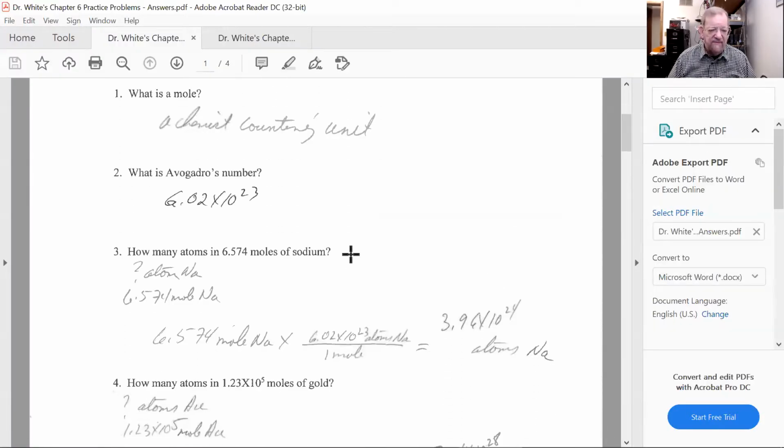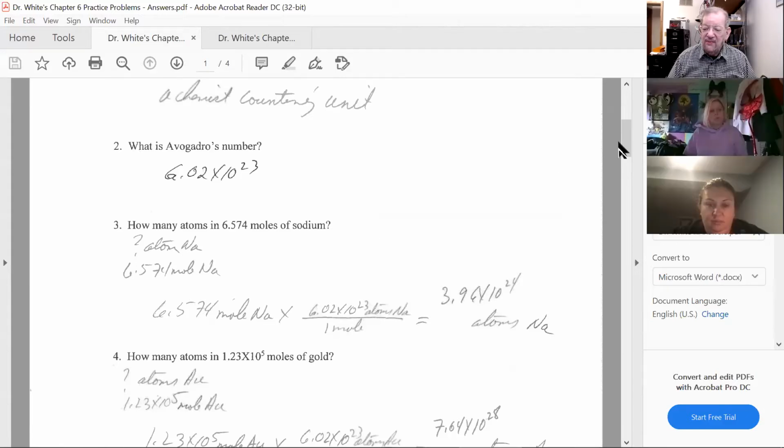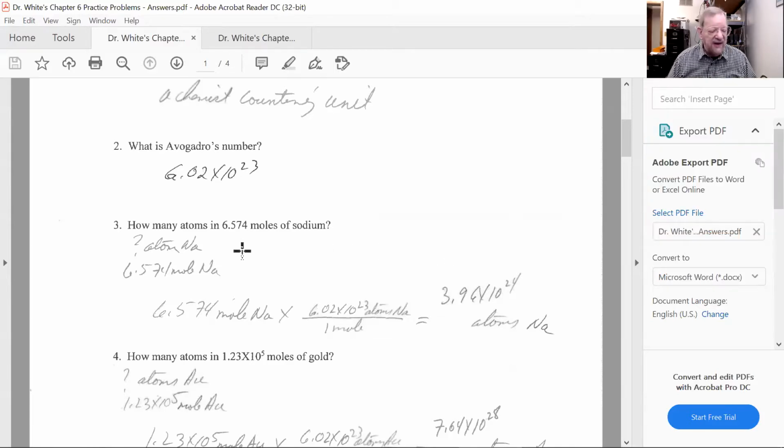If we go back and look at number 3, everybody see number 3 on the screen? It asks how many atoms are 6.574 moles of sodium. We're trying to get atoms of sodium. We're given moles. And it's time to use your good friend, unit analysis.